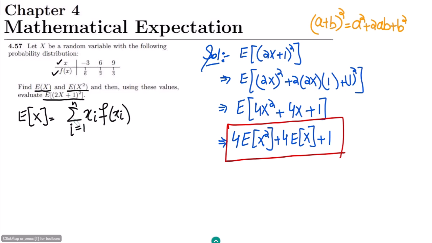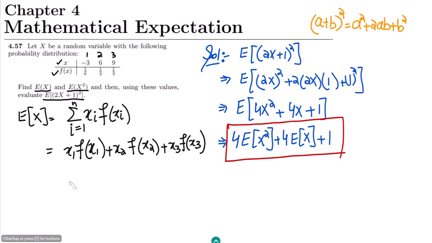Okay, so here i basically ranges from 1 to 3. So let me write them here. Here we will have x1 f of x1 plus x2 multiplied by f of x2 plus x3 f of x3. Okay, let me write their values.